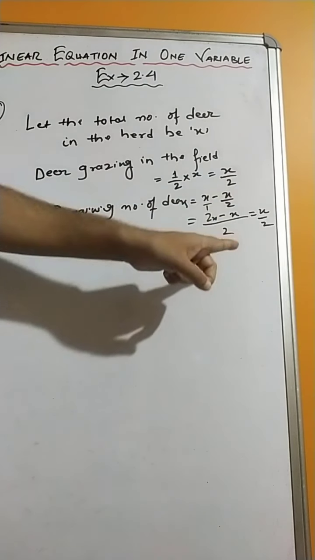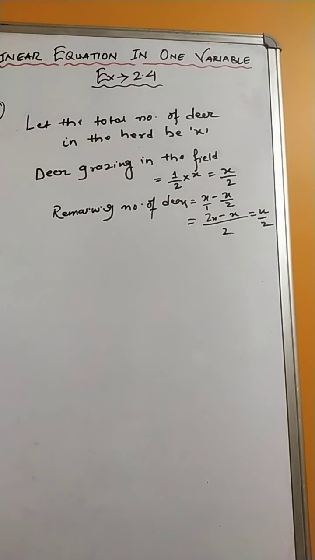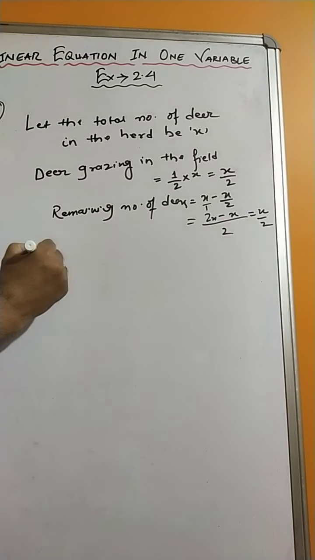Now out of this X/2, 3/4 are playing nearby. So the next sentence would be deer playing nearby.